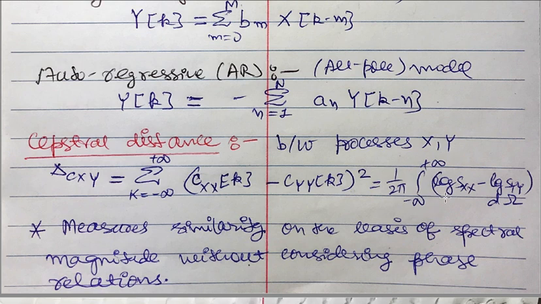It is some smaller set to compute the integral on, and this is given as the difference of log of Sxx, the power spectral density of x, minus log of Syy, which is the power spectral density of y. So we can compute it either using the power spectral density or the covariance.